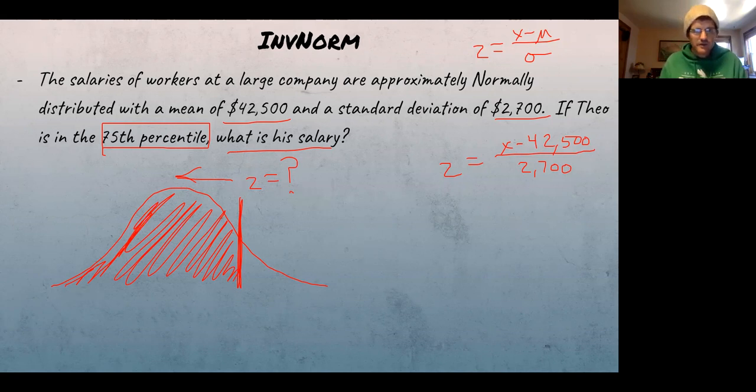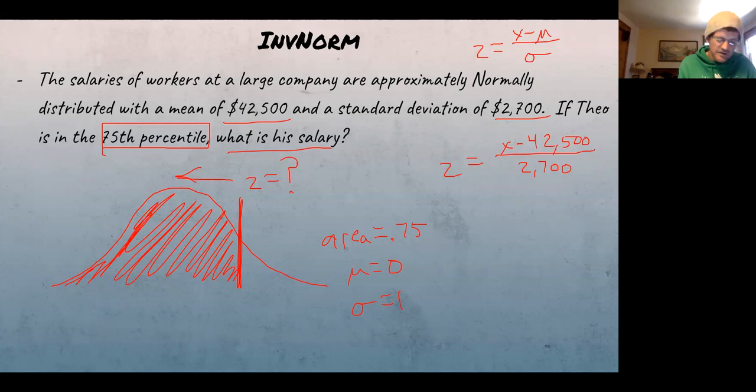So here's what I want to do. I want to go to my inverse norm calculation. So that's distributions menu, inverse norm. And the area that I'm looking for is 0.75. And of course, we know that the mean is 0 and the standard deviation is 1. Make sure you put in 0.75 as your area.